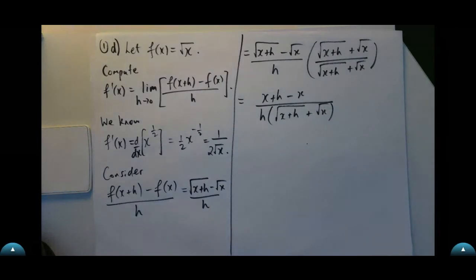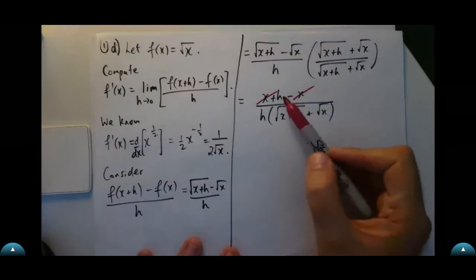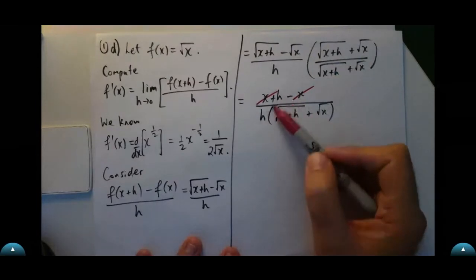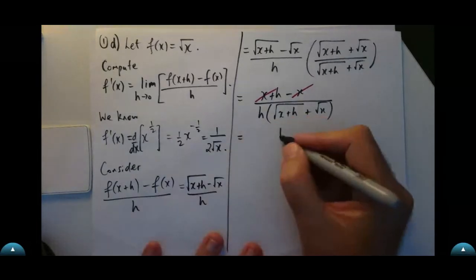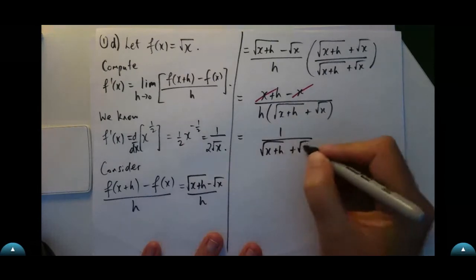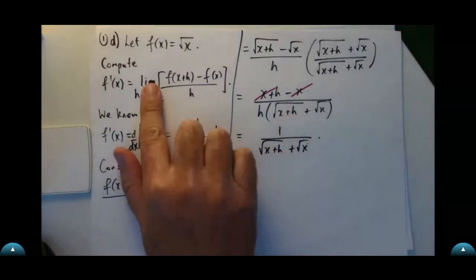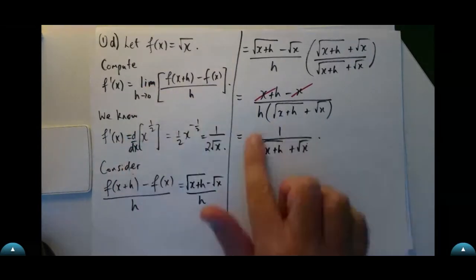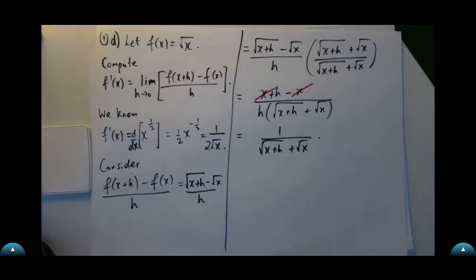Okay, so the x's disappear. Hooray! You can factor out the h's, they disappear. And you're left with this. Okay, so the question now is, I haven't taken my limit, but if I take my limit as h goes to 0, this will go to 0, and I can combine.